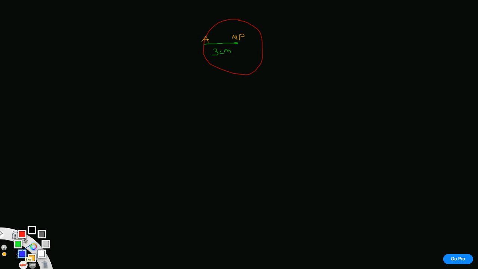This is not to scale. Now, I would recommend to always put the formula beside the question. The formula is pi r squared.